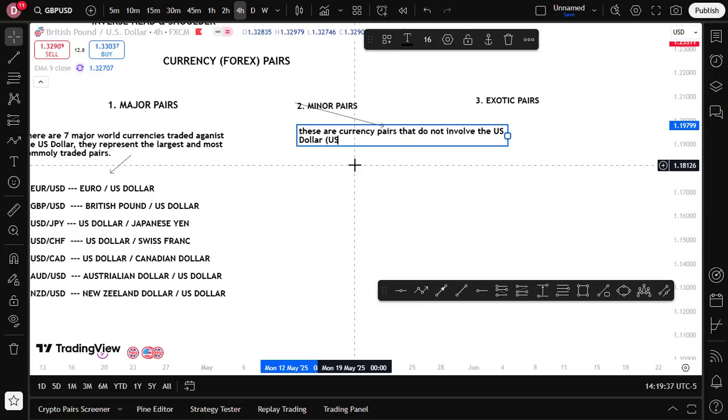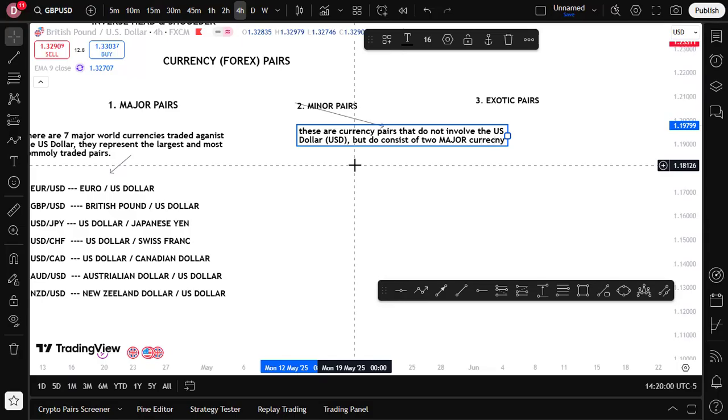They do consist of, or are being traded, however you want to put it, two major currencies.